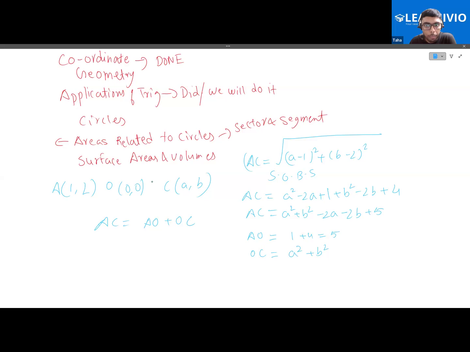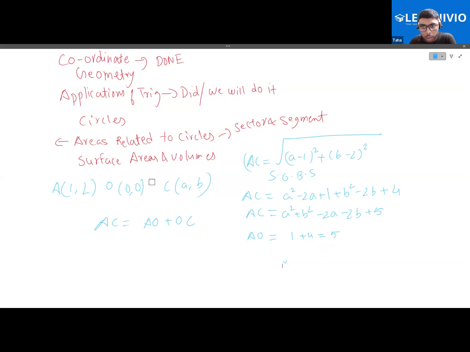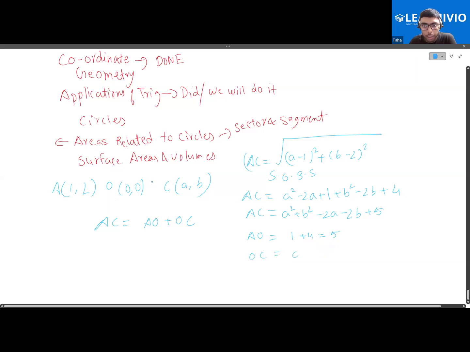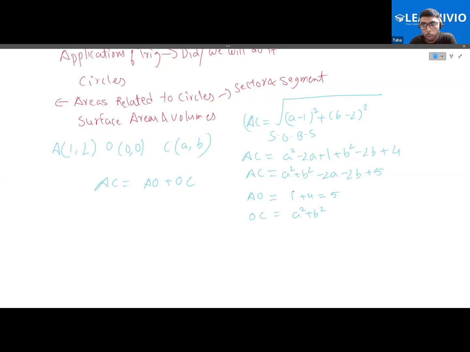This is what it would be. We would get the whole root, so we are taking individual squares for this also, AC also. Individually, we are taking squaring on both sides here also.